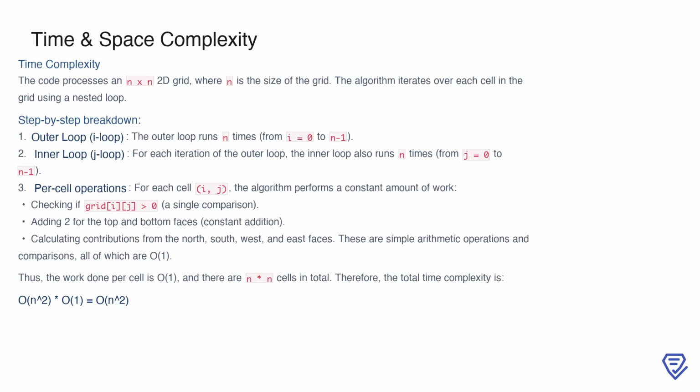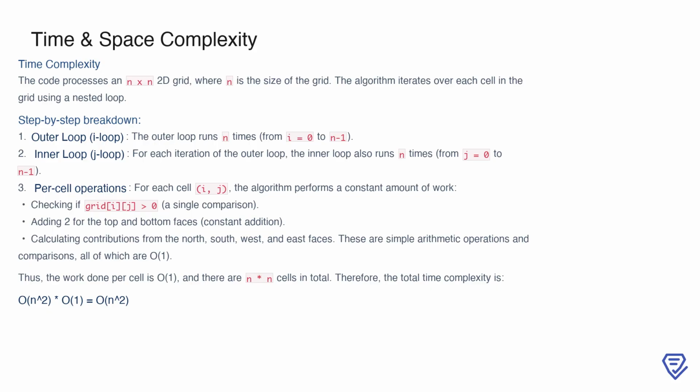To analyze the time complexity of the algorithm, we start by considering the n by n 2D grid, where n represents the size of the grid. The algorithm processes each cell in the grid using a nested loop. The outer loop, referred to as the i loop, iterates over each row of the grid, running exactly n times.